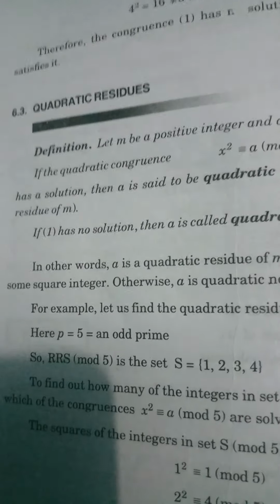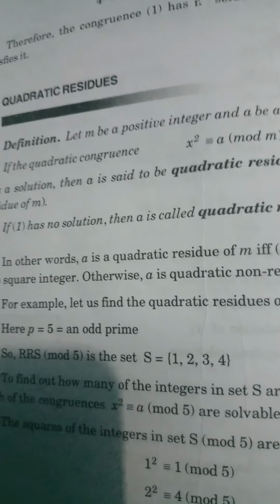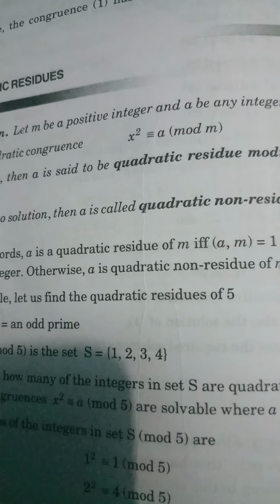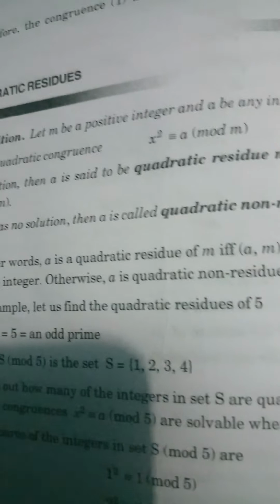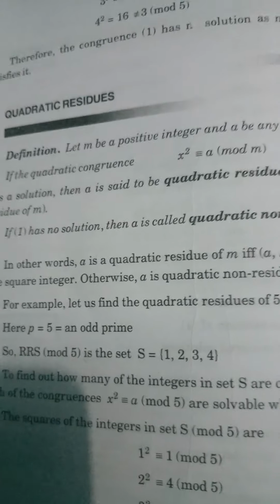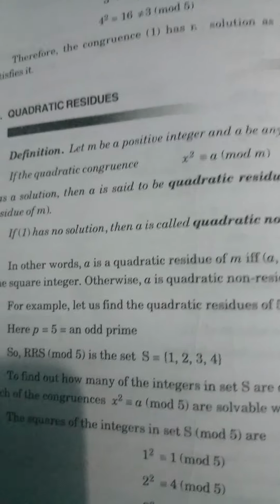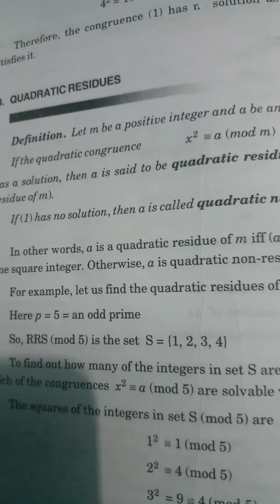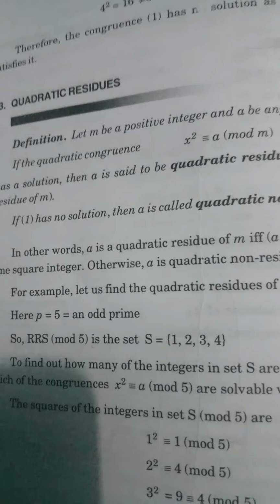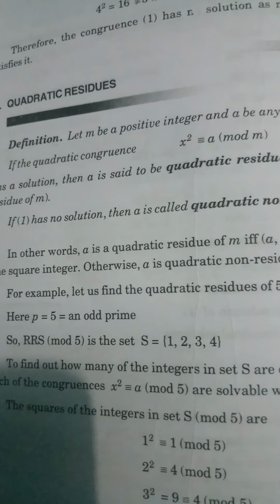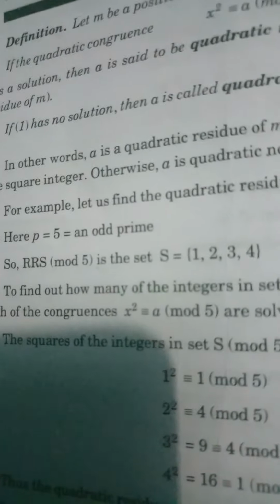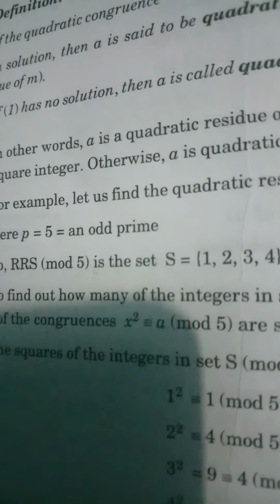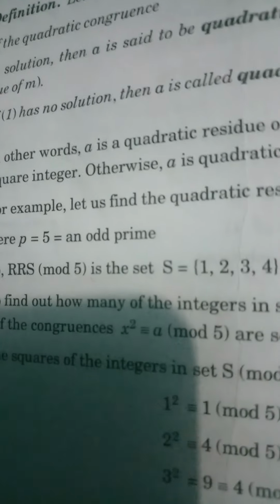Now, for example, let us find the quadratic residues of 5. Here p equals 5, an odd prime. So the RRS mod 5 — what is RRS?